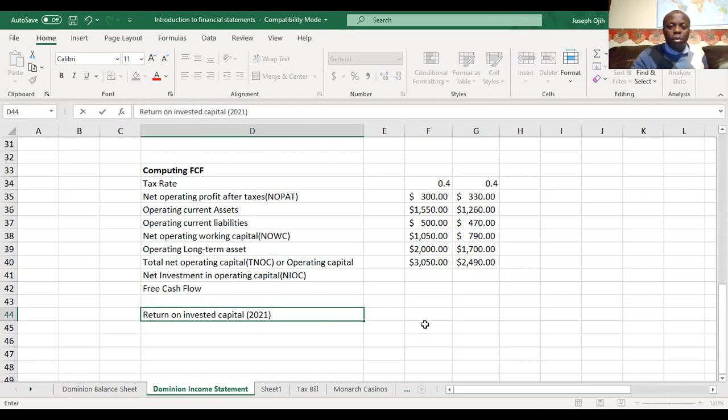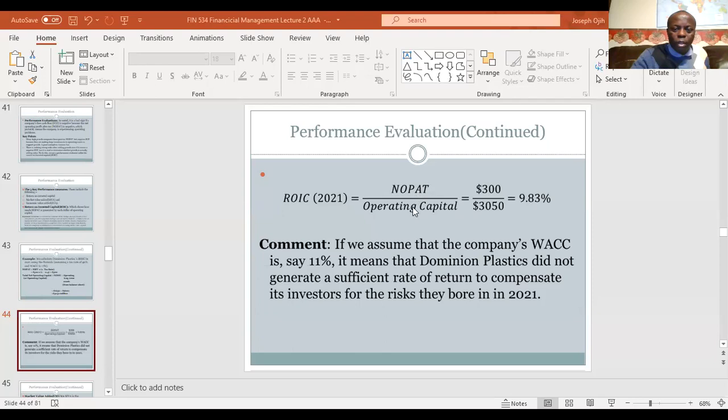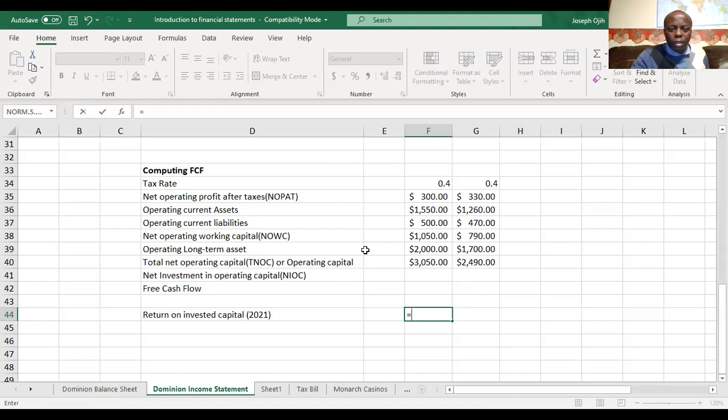So it's going to be equals NOPAT. If you remember the formula, the formula says NOPAT over operating capital. NOPAT is right here.